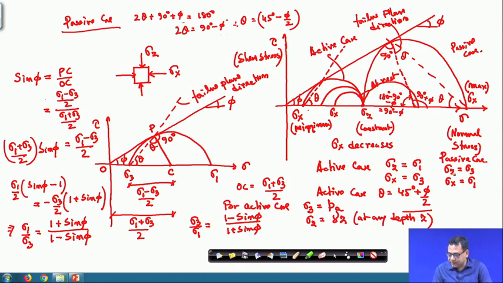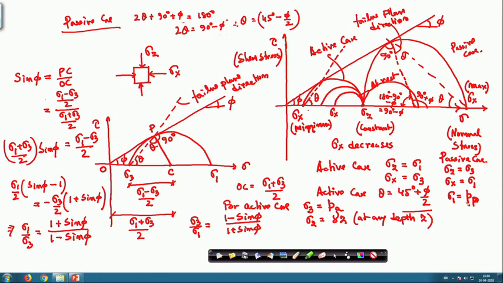So, for the passive case, sigma z is equal to sigma 3 and sigma x is equal to sigma 1, and we can say that for the passive case, your sigma 1 is equal to P passive. Okay? And again, sigma z is equal to sigma 3, which is gamma into z.